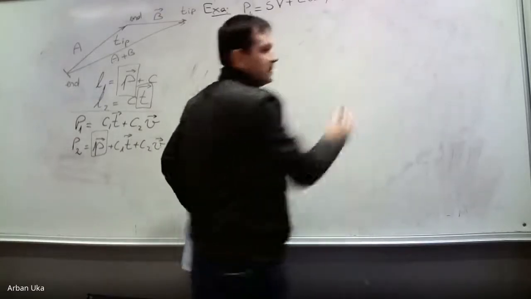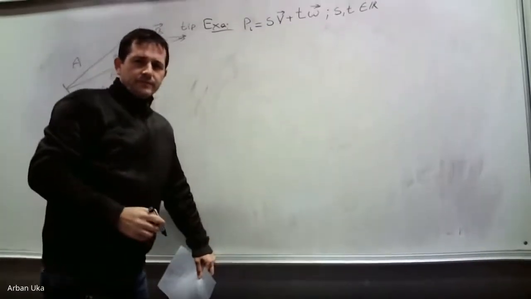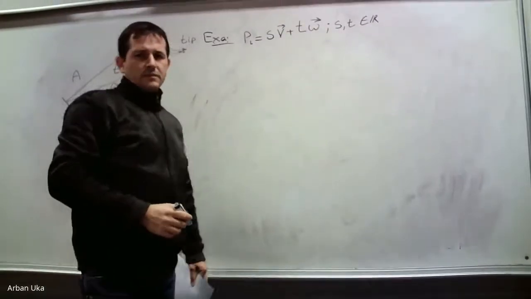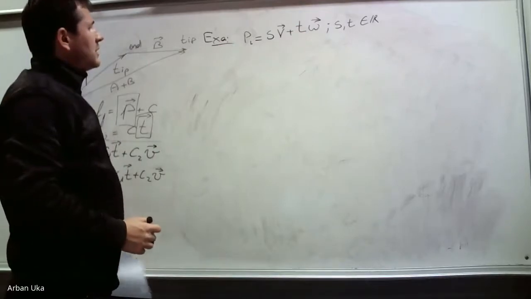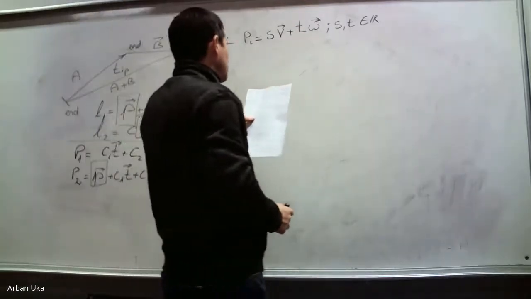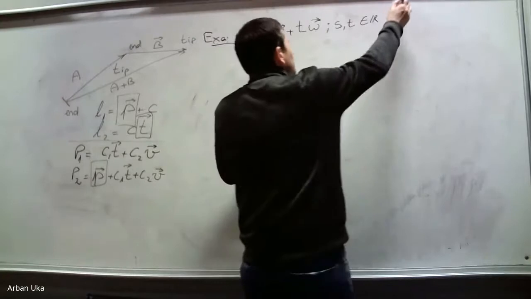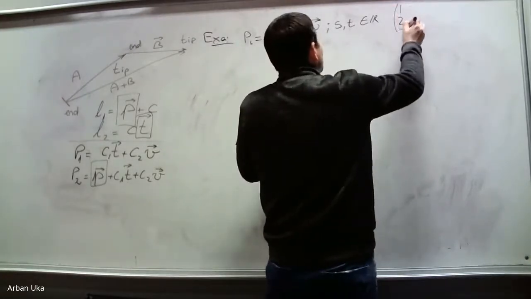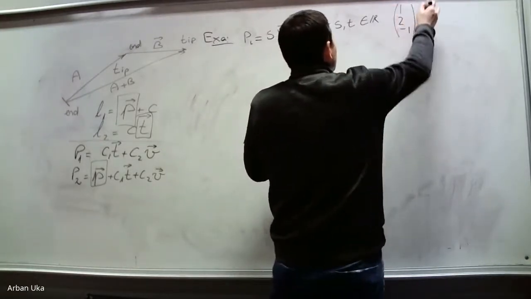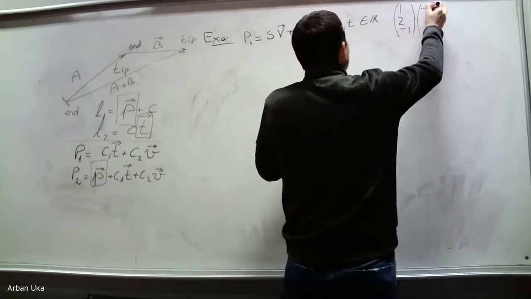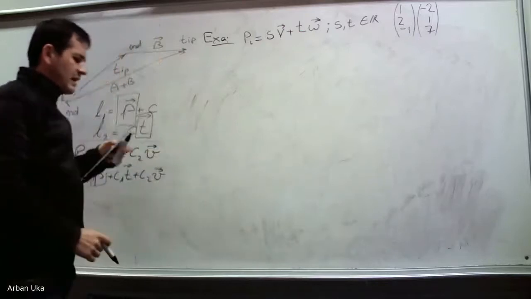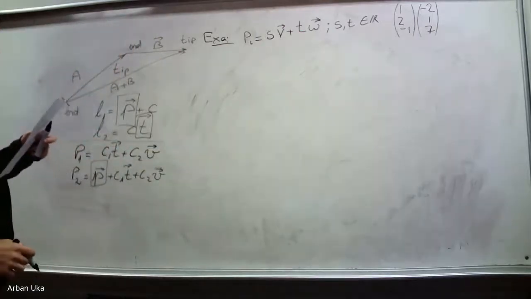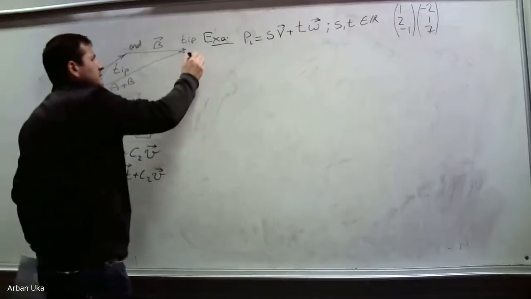Now let's also define V and W. Let's assume that there are two vectors: one is 1, 2, minus 1, and the other one is minus 2, 1, 7. So we have these two vectors, and then the question is to find the Cartesian equation of the plane.